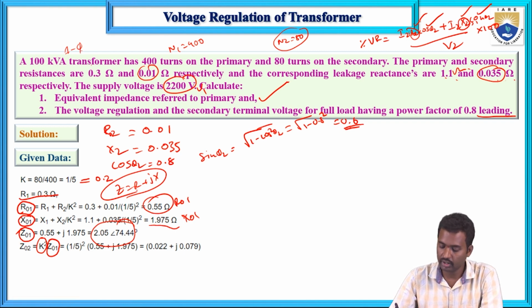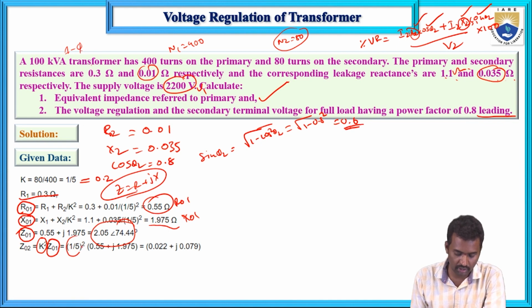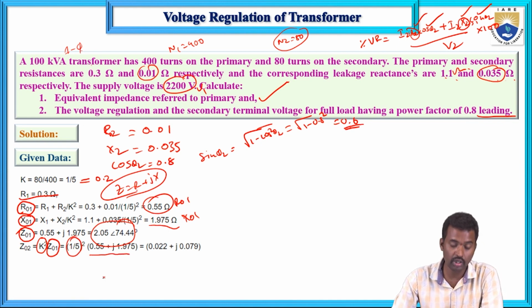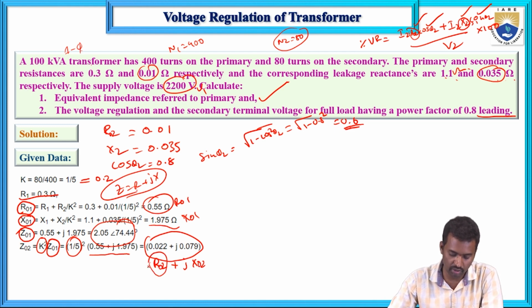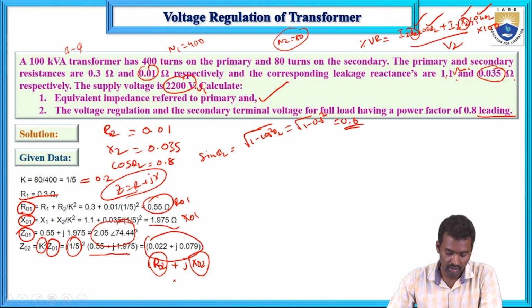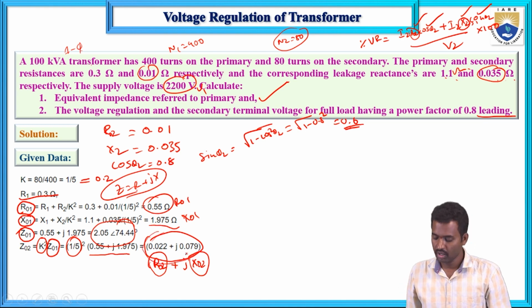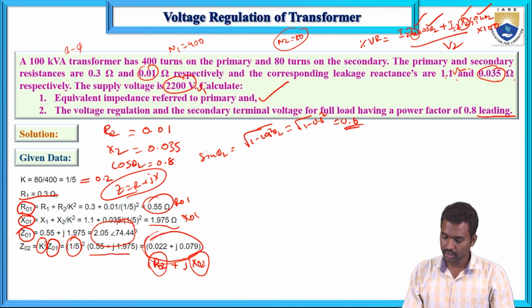So from that you can find out, 1 by 5 whole square times the primary value. So this is R02 plus jX02, the equivalent resistance and reactance referred to the secondary, and impedance referred to the secondary. It is in rectangular form. So now here R02 is okay, and X02 okay.